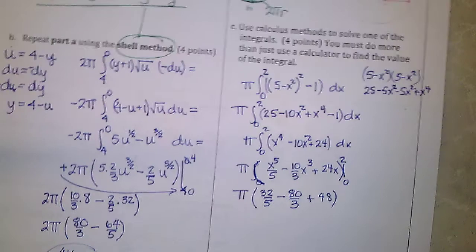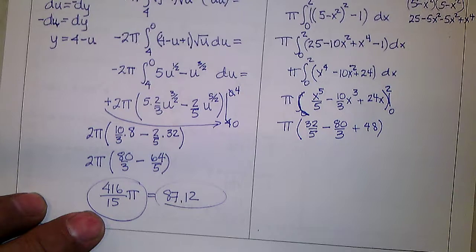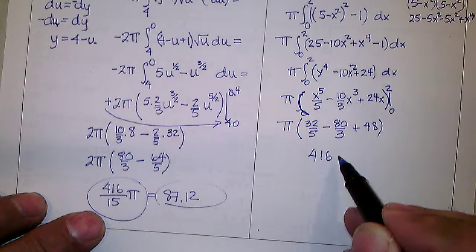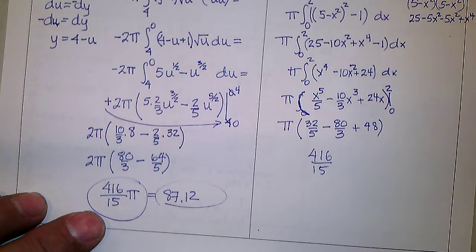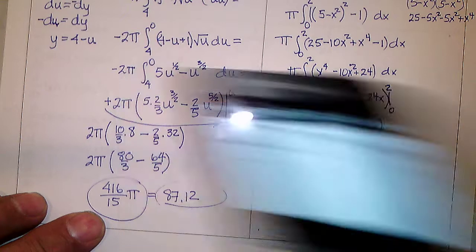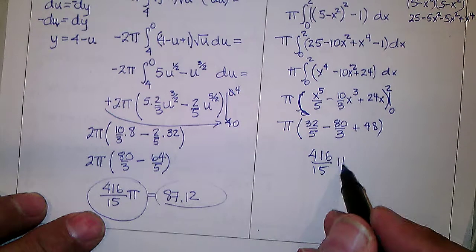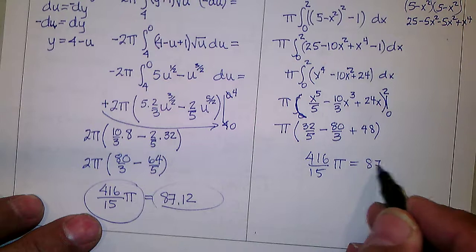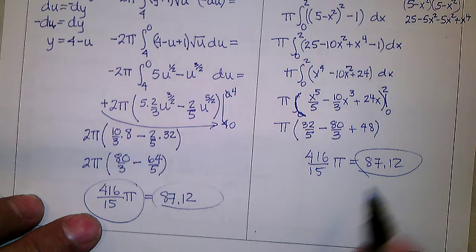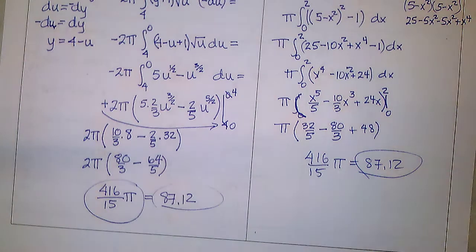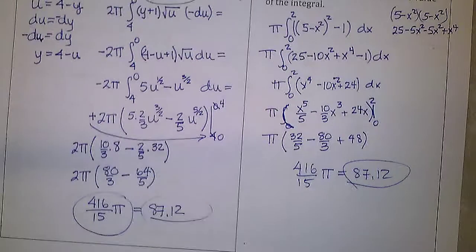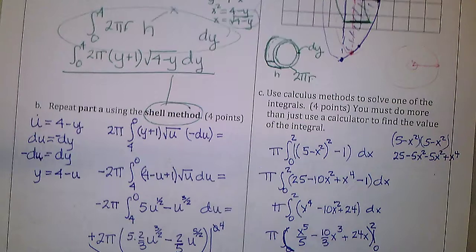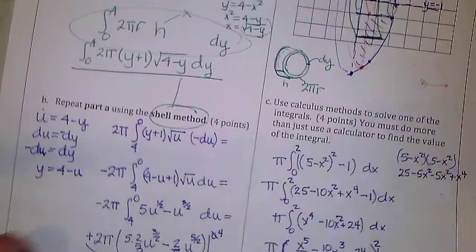And I think that's over 15, which is what we had before. 416 over 15 pi, which is 87.12. So either way, we come up with the same answer. Now, you didn't have to work both of them out, but I worked both out, so just in case you tried one or the other, I wanted you to see how to do either one of them.